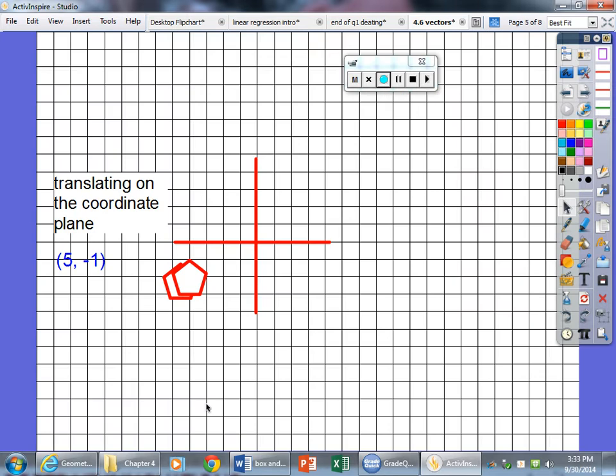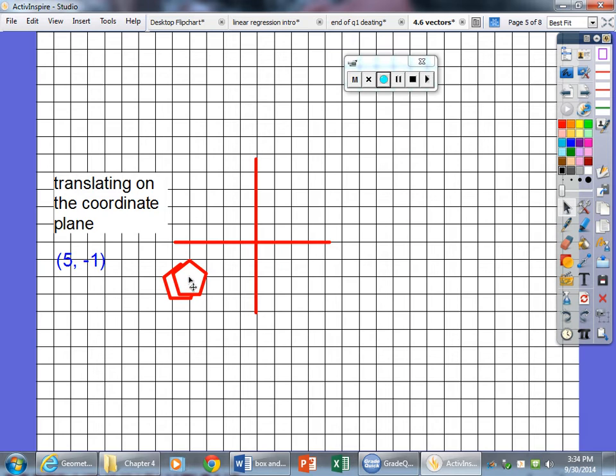Okay, now this one is translating on the coordinate plane. Of course, the coordinate plane makes it much easier because we can quantify our direction and distance. This, although it looks like a coordinate, in this case we're actually using it as a vector. And what this vector is telling me is that I need to move 5 on the x-axis in the positive direction and 1 on the y-axis in the negative direction.